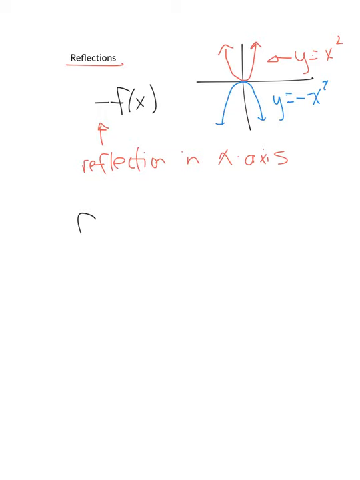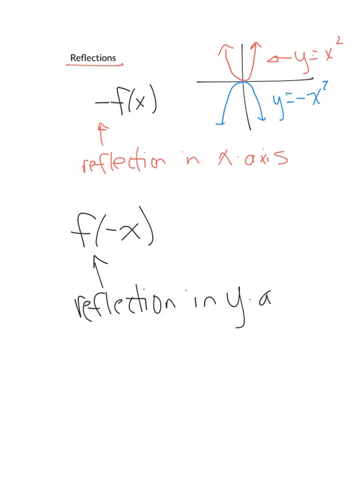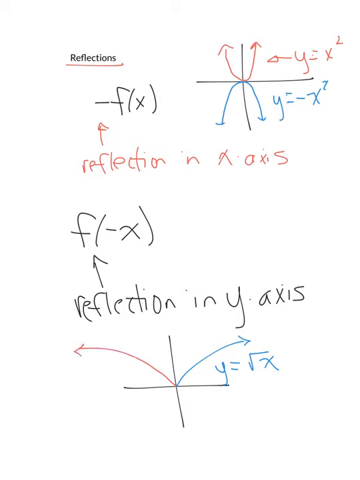The next reflection that we talked about was inside of the bracket with the x. Now this is still a reflection, however it is in the y-axis. So if I were to draw a function, I'm just going to use the square root of x. The reflection would look like this.